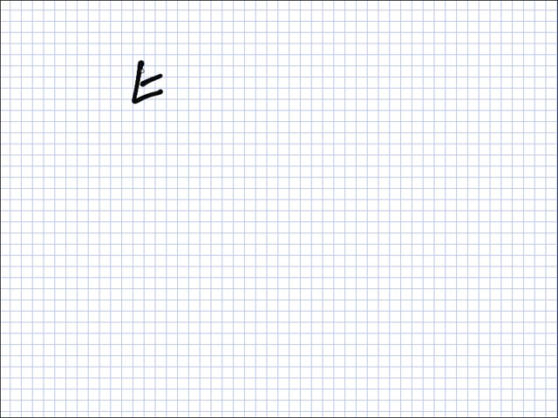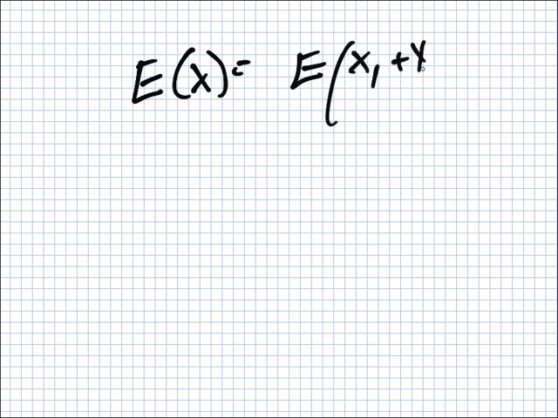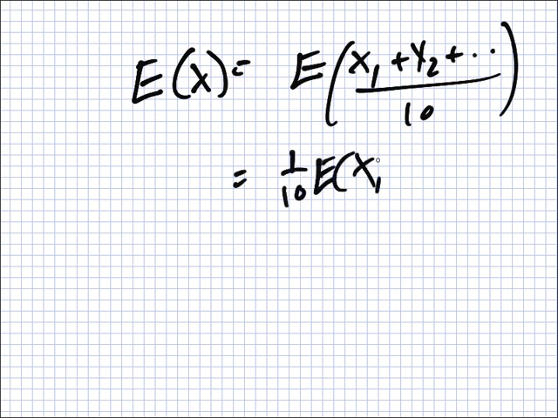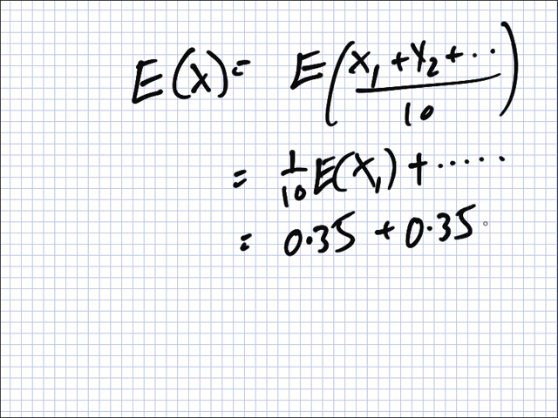So what's the expectation of x here? That would be expectation of the first score plus the second score all the way up, divided by 10. So that's 1 over 10 expectation of the first score plus 1 over 10 for the second, and so on. That's 0.35 plus 0.35. And we saw this last time as well. That's 3.5.